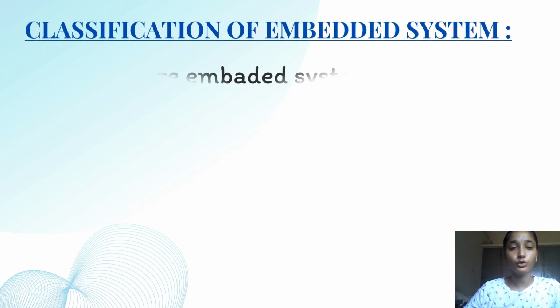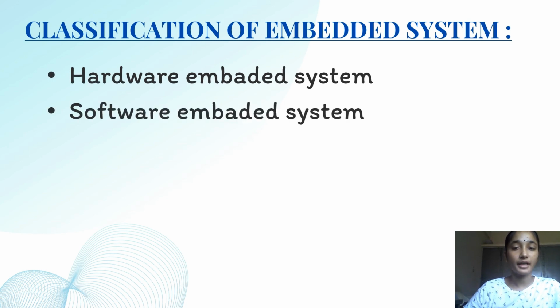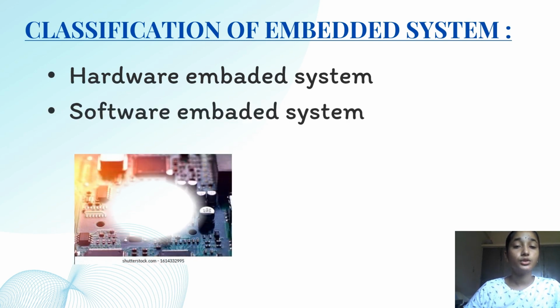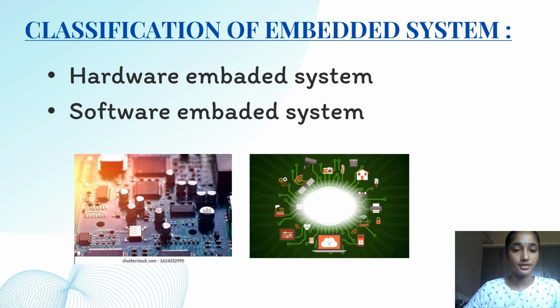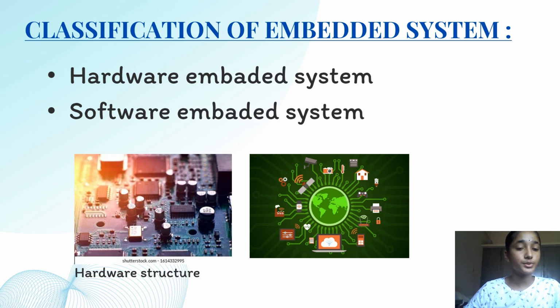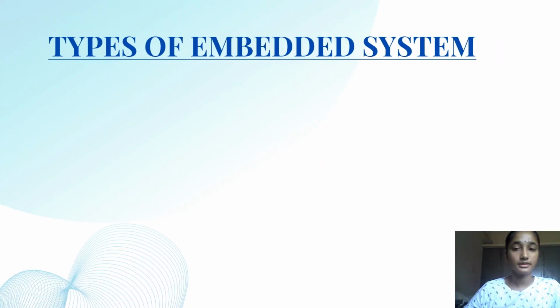Then we move on to the classification of an embedded system. There are two types of classification: hardware embedded systems and software embedded systems. The first figure shows the hardware structure and then the software structure. Then the types of embedded system.